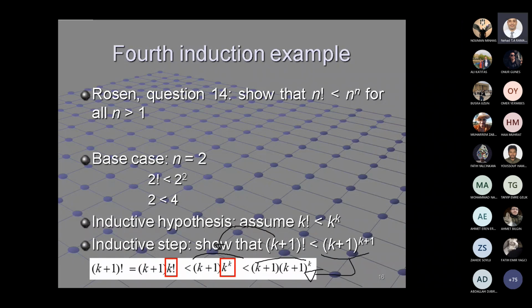How do you know that it's greater? Because we have k plus 1 with k plus 1, but we still have k to power k and k plus 1 to power k. Of course, k plus 1 to power k is greater than k to power k. So it's correct. And if it's correct, this means our assumption is correct and the statement from the original is correct.